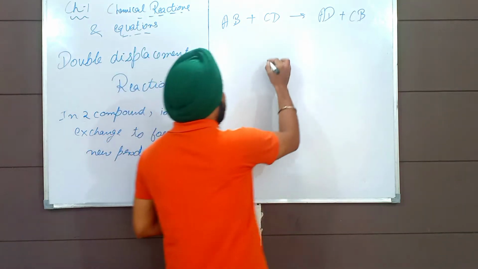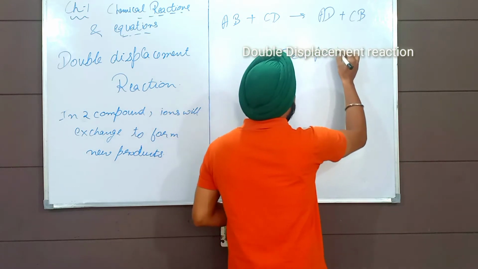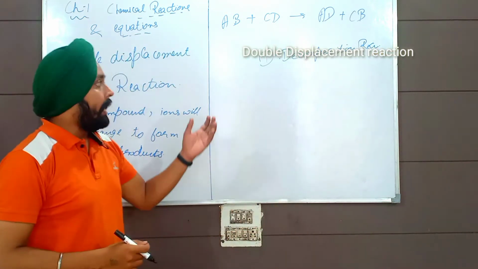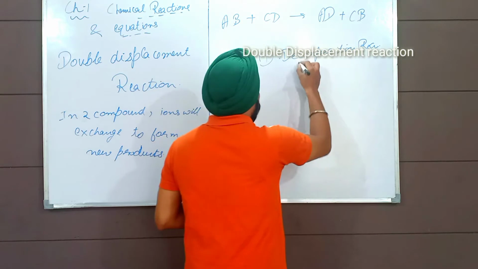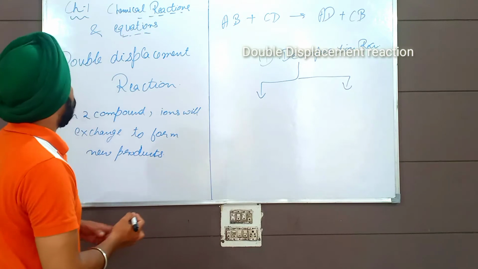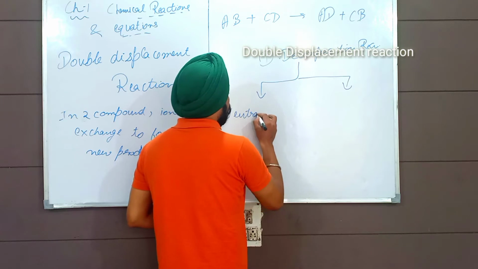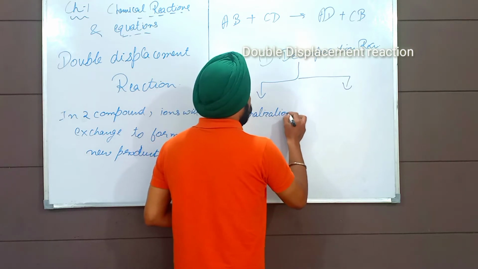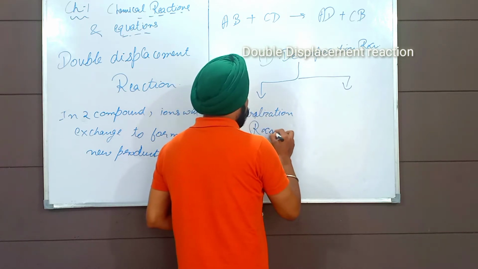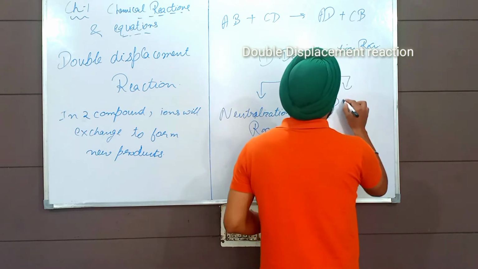Now, in double displacement reaction, we again can separate it into different categories. One is neutralization reactions, and the other is precipitation reaction.